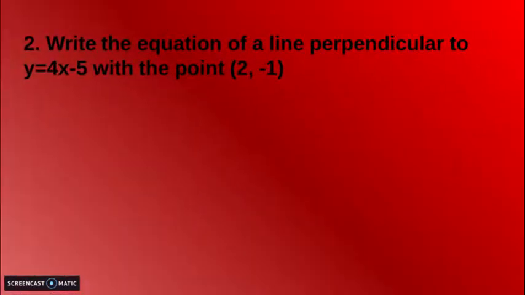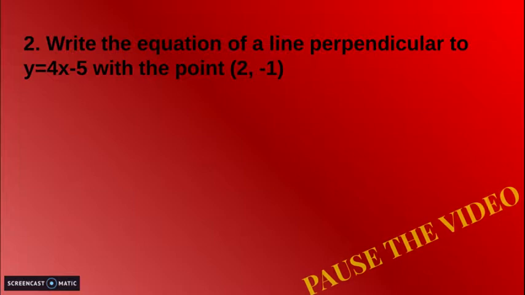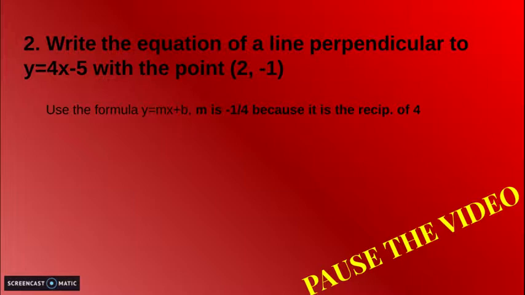Number 2, write the equation of a line perpendicular to y equals 4x minus 5 with the point (2, -1). Pause the video. For this one, I'm going to again use the formula y equals mx plus b, and m will be -1/4 because it is the opposite reciprocal of 4.